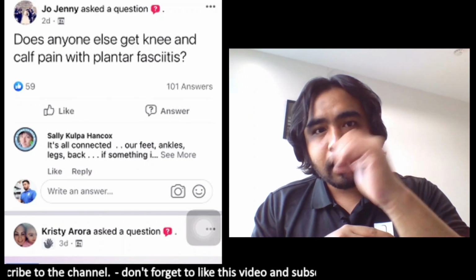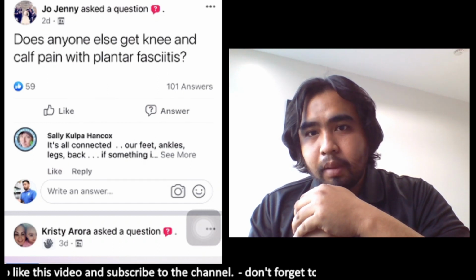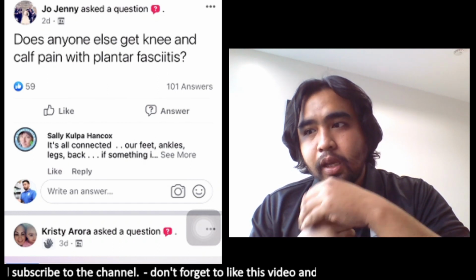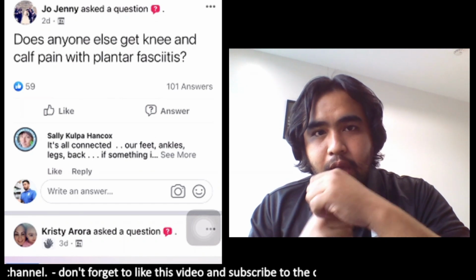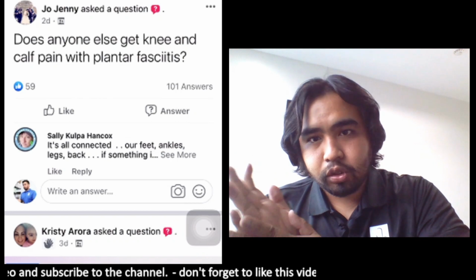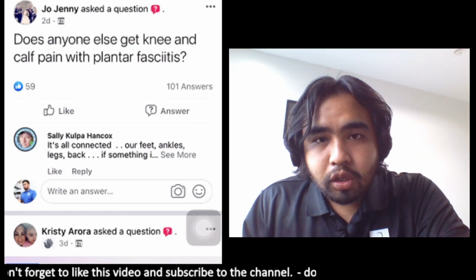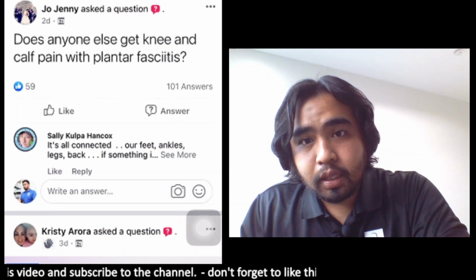Loss in ankle dorsiflexion is a common problem with people who have knee pain, and also loss in range of motion of the ankle can cause knee pain.